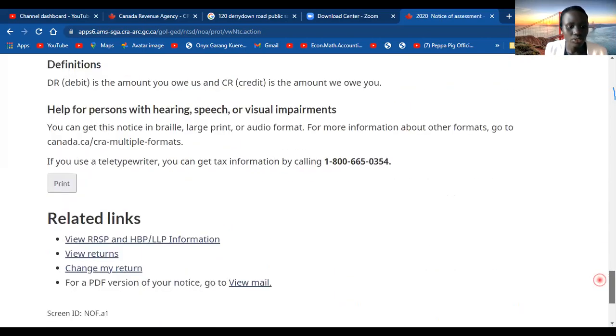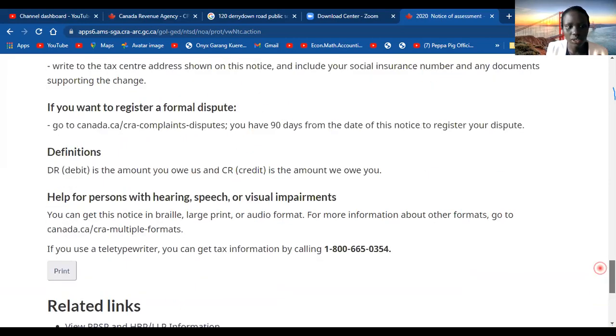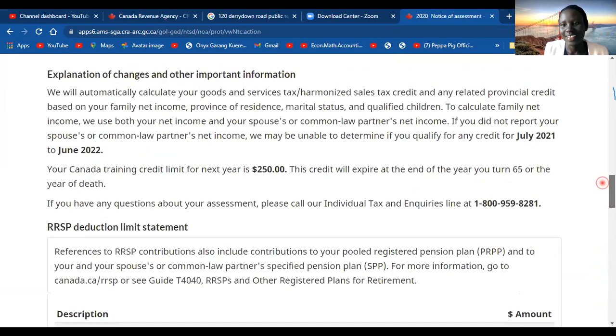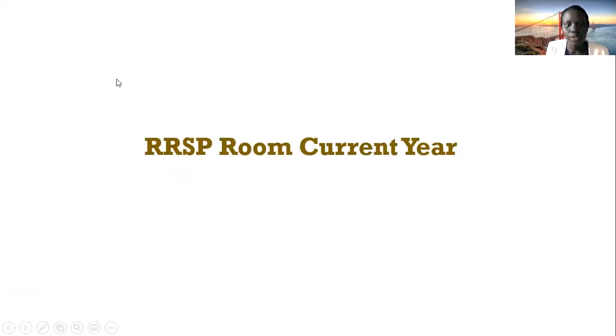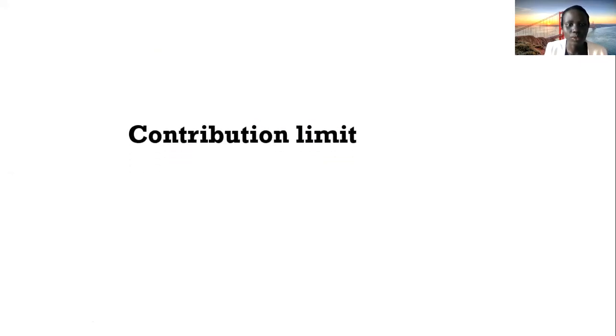For this page, if you want to call them, if you have a question, you can call them at any time. We have already checked from the CRA website how to see the current year contribution room and how they calculate it. You already see that, and then the contribution limit depends on whether you contributed from your previous room or you didn't.